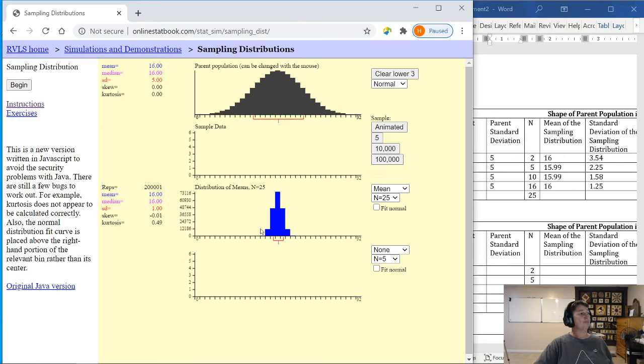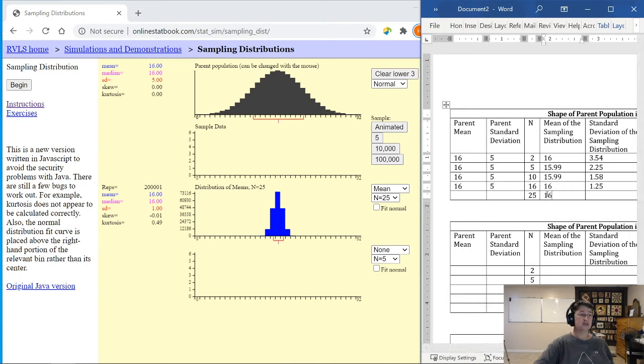When I do, here again, I have this nice symmetric shape to my new distribution. My mean is right there at 16 still. But my standard deviation again got even smaller. Now it's only 1.